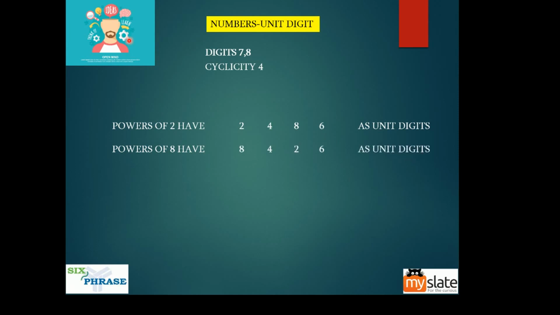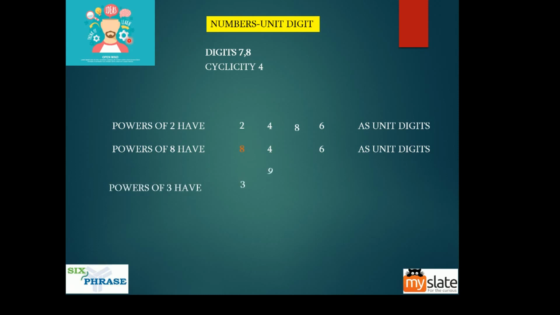Now, I want you to understand how this happened. The two numbers of interest to us are 2 and 8. What happened is 8 came here, then 2 came there. So that is how it became 8426.